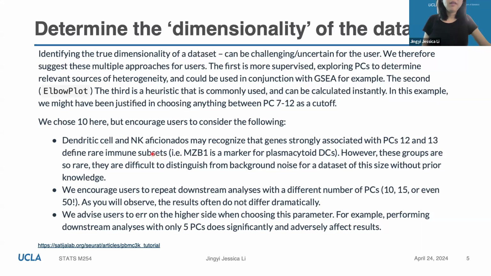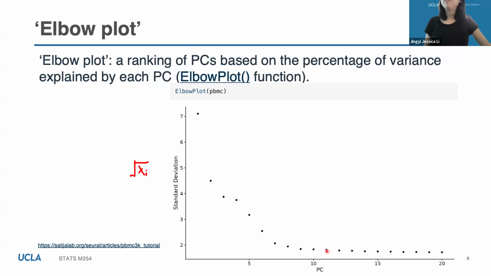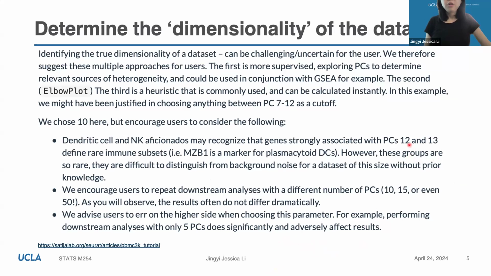So the authors are arguing that for this data set, PBMC3K on the Seurat website, PCs 12 and 3, even though you may decide to throw them away based on the elbow plot, because if you stop at 10 you wouldn't go as far as 12 and 3, actually have some genes that are interesting and can help you explain some immune cell types. However, these gene groups are so rare, they are difficult to distinguish from background noise for a data set of this size without prior knowledge.